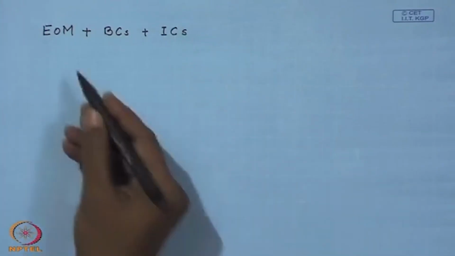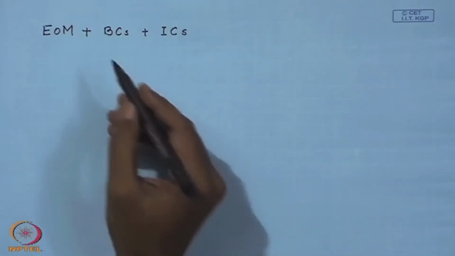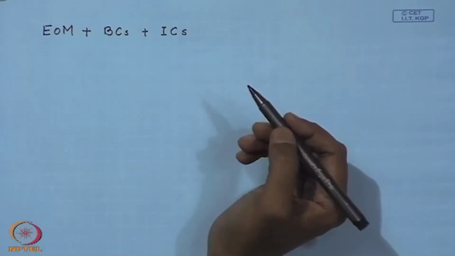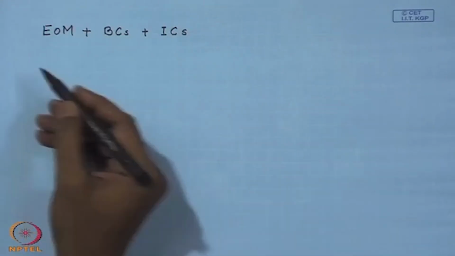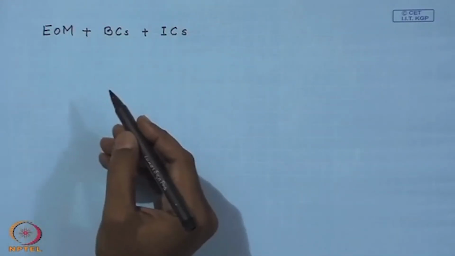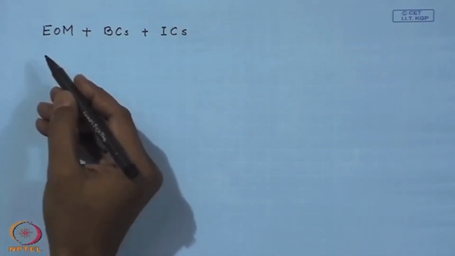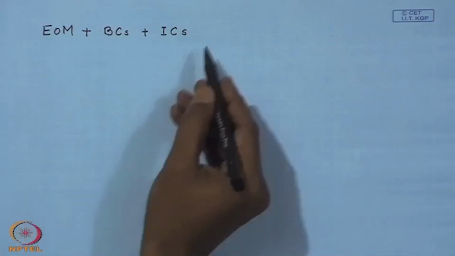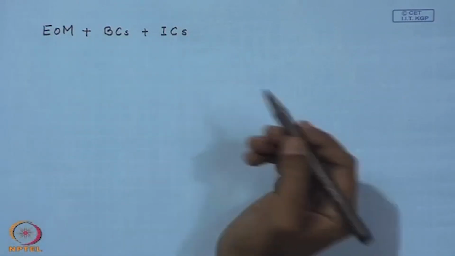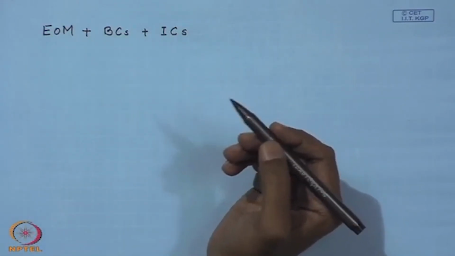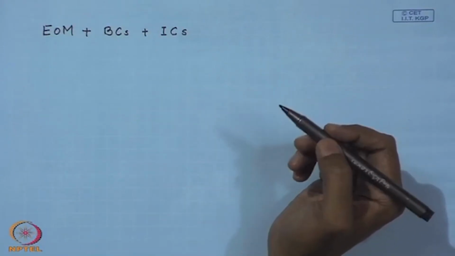So, this is what we have in hand. Now, what can we do with these? In the general situation, given these three things, we can solve the system. We can find out the solution, we can find out the behavior of the system.